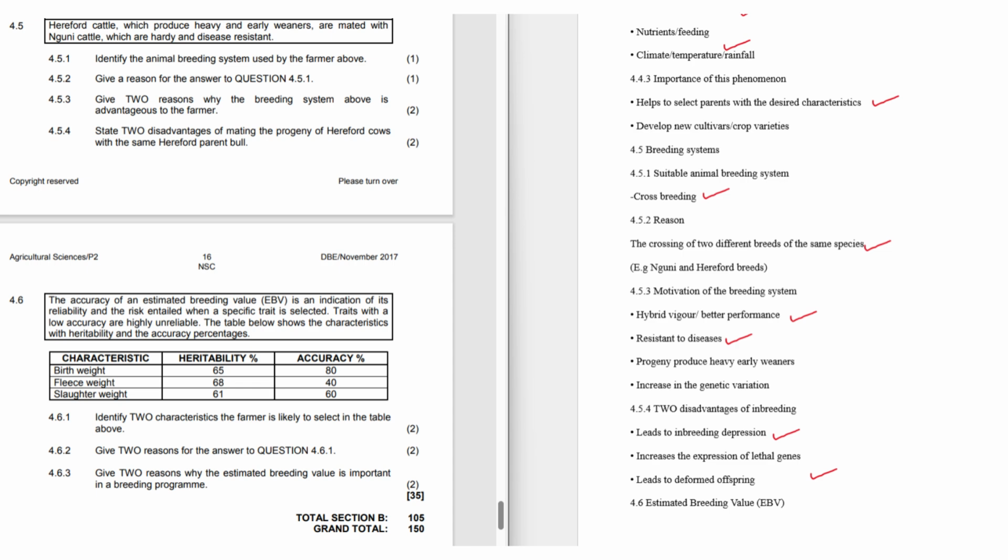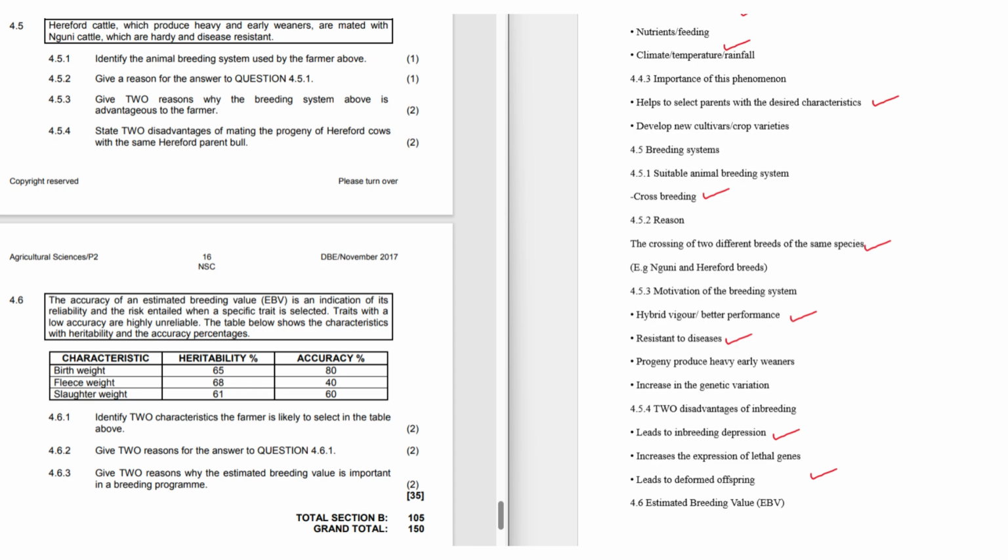4.5.4 Give two disadvantages of mating the progeny of Hereford cows with the same Hereford parent bull. If we cross the offspring of the Hereford cows with the Hereford parent bull, which is the father of that offspring, that will lead us to inbreeding.